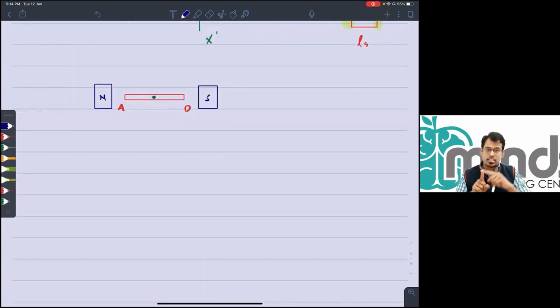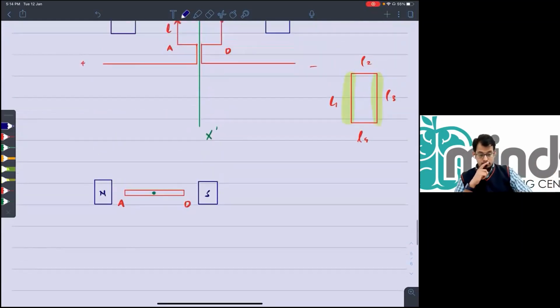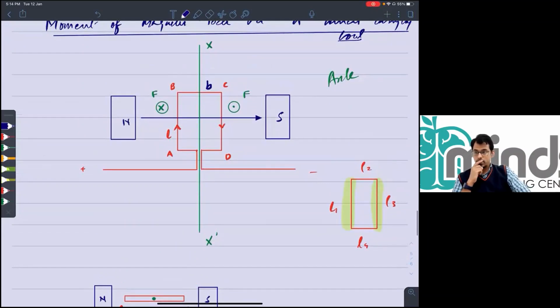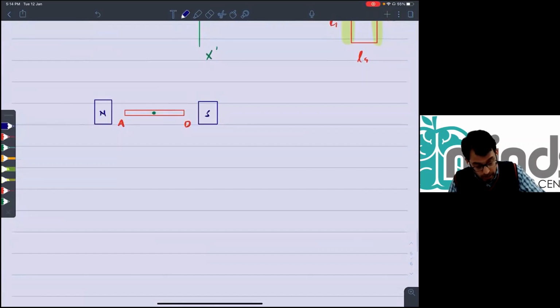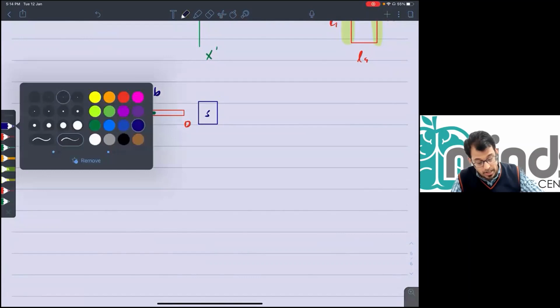So may I know what is A to D, L or B? It's a small b. So I'm writing a small b here. The force on side AD is actually into the board, but the way I am drawing it, I'm calling it downward just to make it easy for you to understand.